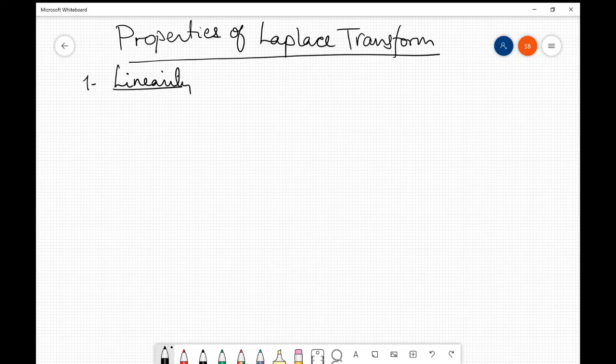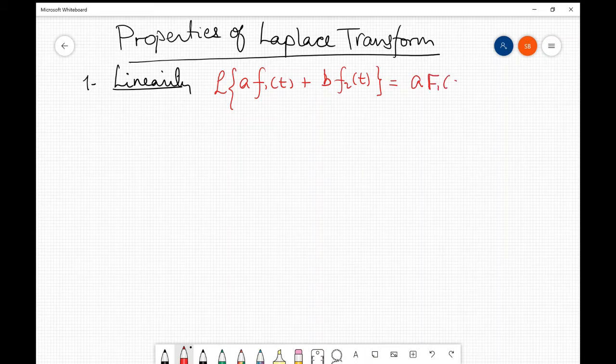The linearity property tells us that the Laplace transform of a times f1 of t plus b times f2 of t is equal to a times F1 of s plus b times F2 of s.